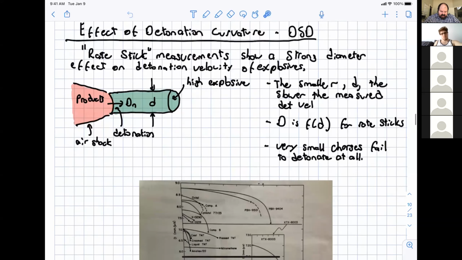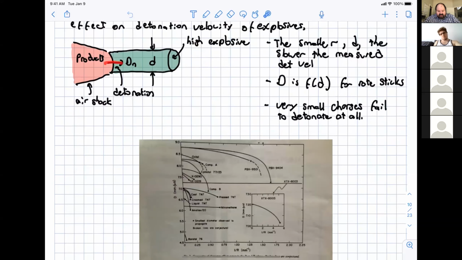One way that they realized this is that they use so-called rate sticks, where they have just a cylinder of explosive and they send a detonation through it and look at what happens.